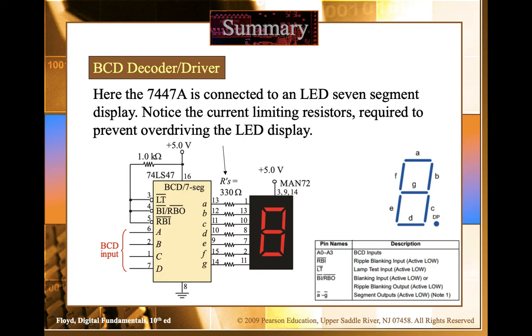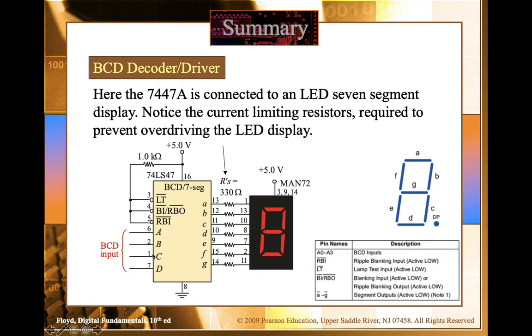Now, our core discussion is going to be with regards to these particular control lines, LT, BI, RBO, and RBI, and what they mean, what different functions we can achieve with these. We'll discuss that. But before I go on to this, I'm pretty sure that you all understand how these inputs will be reflected here, right?